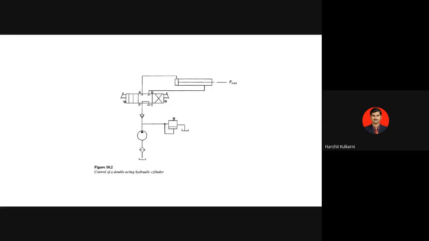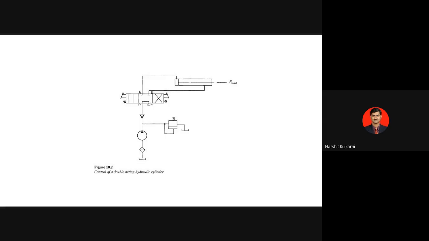Similarly, let's go to the retraction. How is the retraction mode actuated? By pushing this right side lever. Okay, you have the knob, no? You do it in the lab, fine? So during the retraction mode, oil from the pump enters from P to B. Can you see this cross mark? Okay, there is a cross mark during retraction. So oil from the pump enters port B first. So what will happen?